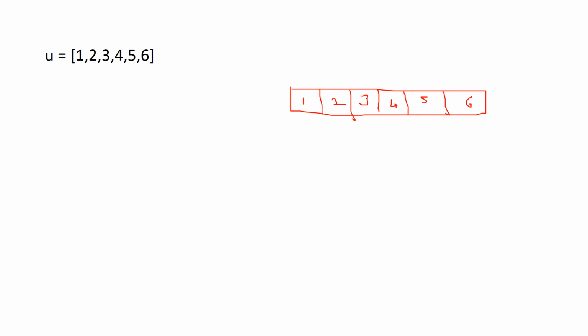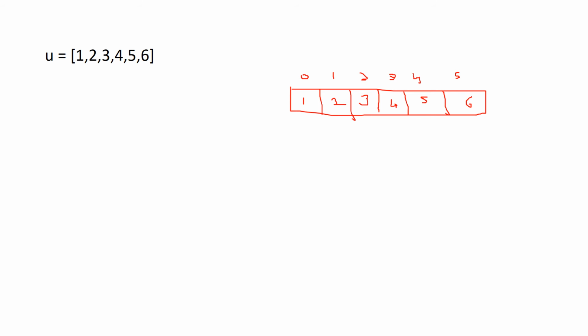Now let's see how the grid points are saved in Python programming. Suppose you define a matrix u is equal to 1, 2, 3, 4, 5, 6. So there will be 6 locations, and the values will be stored here: 1, 2, 3, 4, 5 and 6, and the locations of these points are 0, 1, 2, 3, 4 and 5.